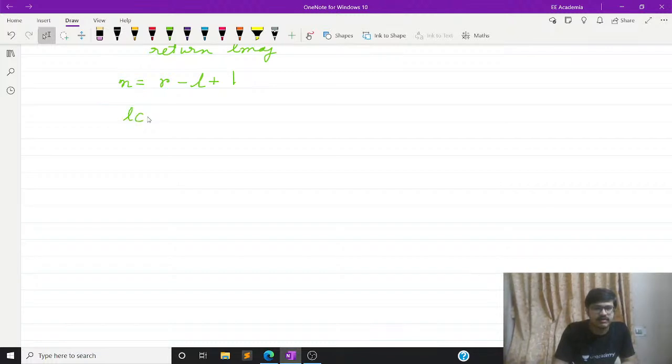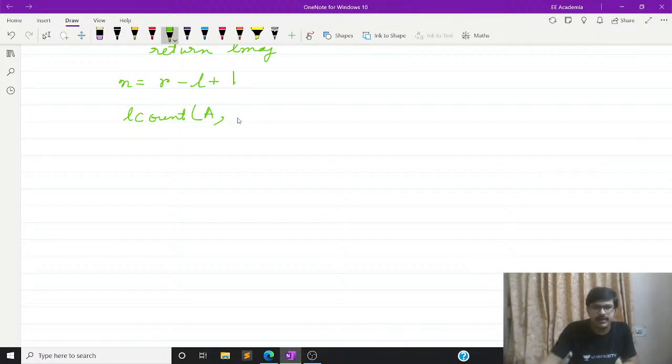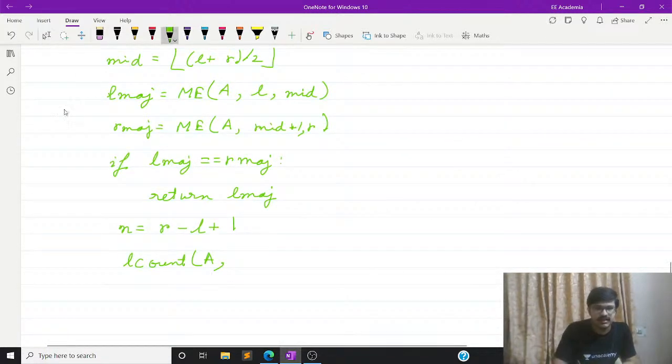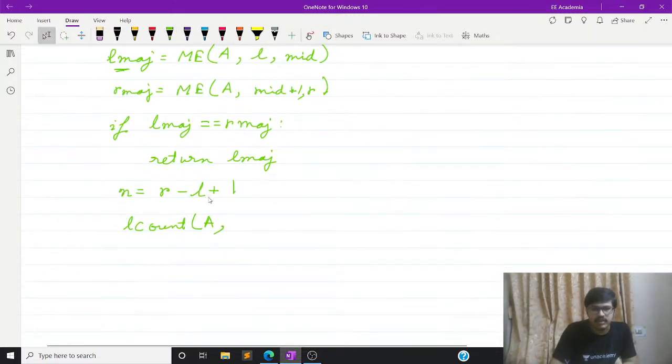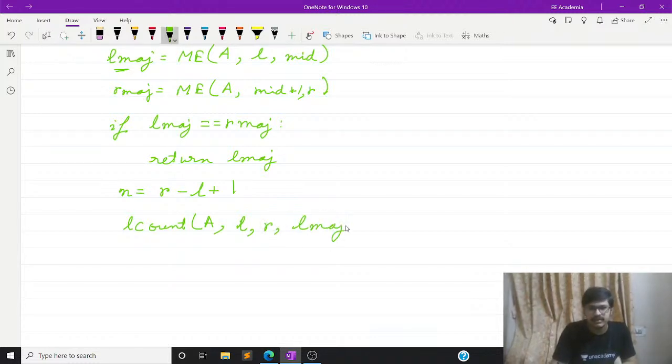Let's call this left count. Left count is going to be the count of the majority element of the left half. That means left count finds the count of the left majority element in our array, so I will call this function on our current range with the left majority element.